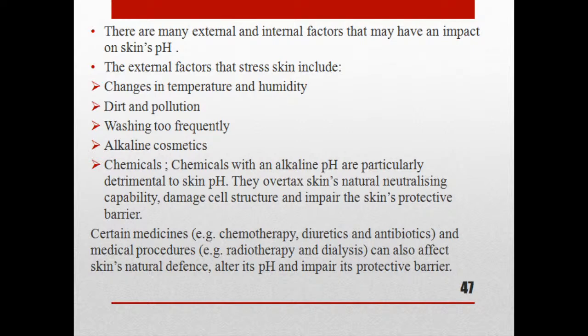They overtax the skin's natural neutralizing capability, damage skin structure and impair the skin's protective barrier. Certain medicines, such as chemotherapy, diuretics and antibiotics, and medical procedures such as radiotherapy and dialysis can also affect skin's natural defense, alter its pH and impair its protective barrier.